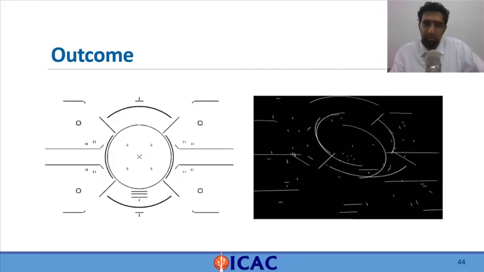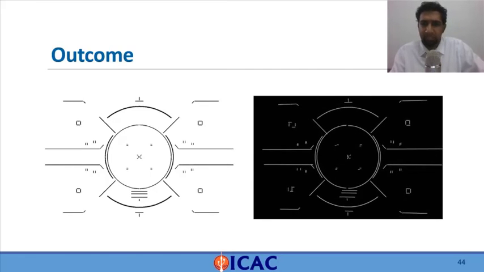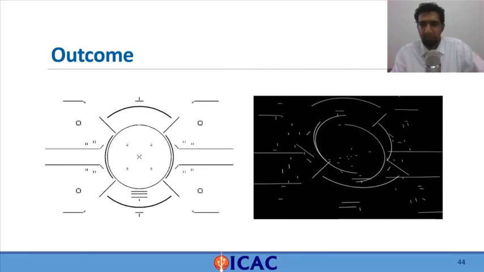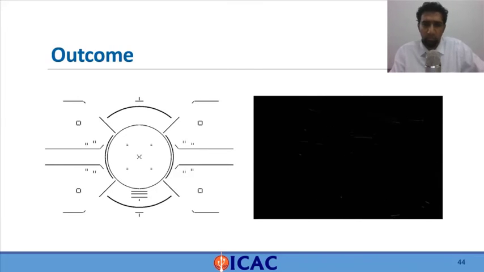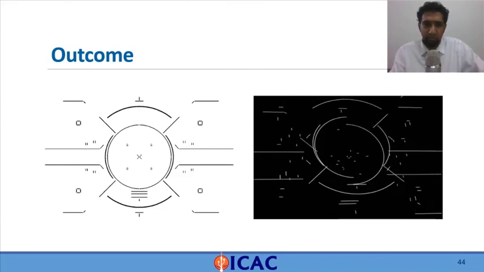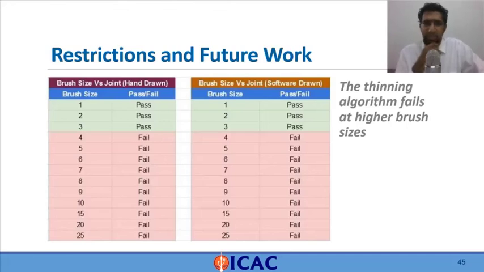This is another result. Actually, these animations are created in seconds once you feed the design into the system. This doesn't mean that the system doesn't have flaws. It has restrictions.